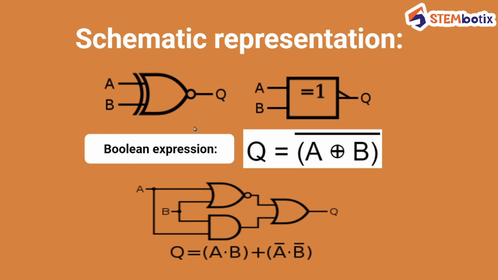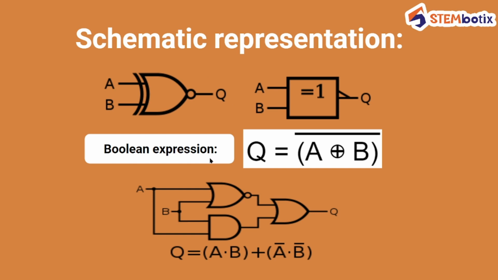This is how the schematic representation stands for the XNOR gate. This part is simply the XOR. And applying a bubble or circle after this XOR gate gives you the representation of the XNOR gate, meaning whatever the result of XOR becomes inverted in the output of the XNOR gate.